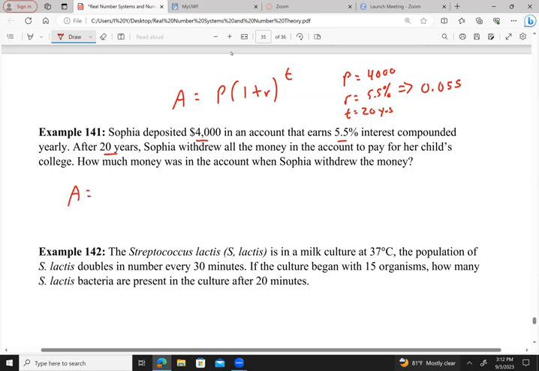A equals 4,000, P, times (1 plus 0.055) to the 20th power. Well, following PEMDAS, parentheses first, 1.055 to the 20th, exponents next. So again, 1.055, hit your caret button, 20.